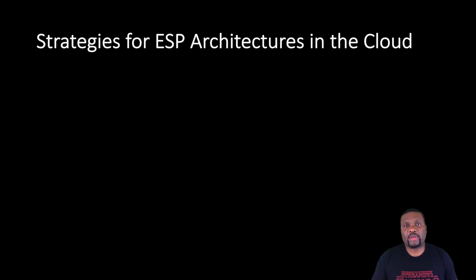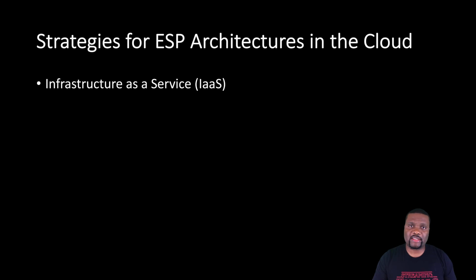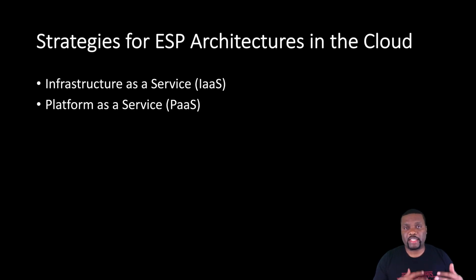So what are some of the strategies for doing event stream processing? The first one is called infrastructure as a service. So in infrastructure as a service, you typically have to be responsible for provisioning the servers, setting everything up, and you own it and you have full control. And you also have the responsibility of taking care of everything. Whereas in platform as a service, you are only responsible for using the service, but you don't have to be responsible for maintaining everything.